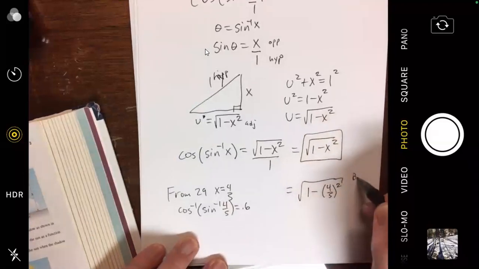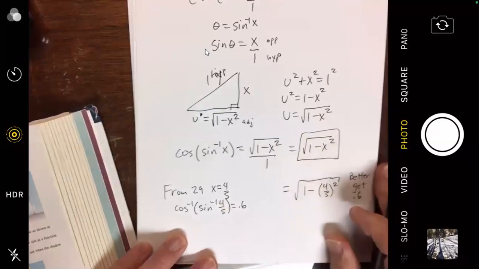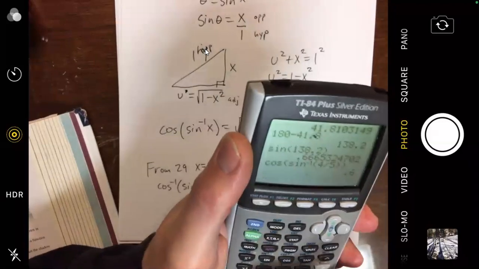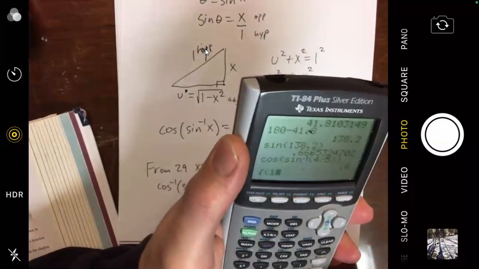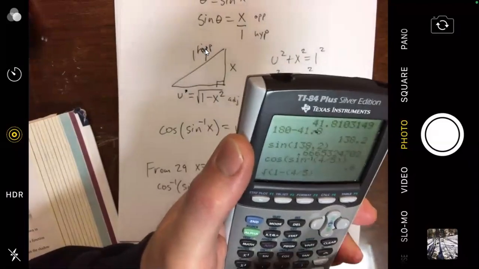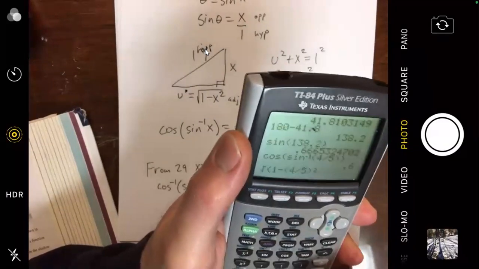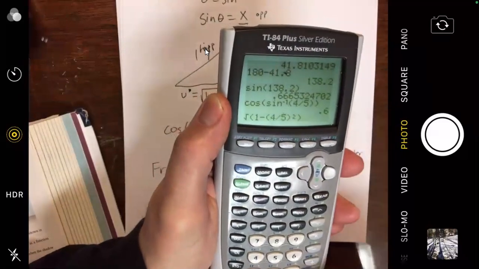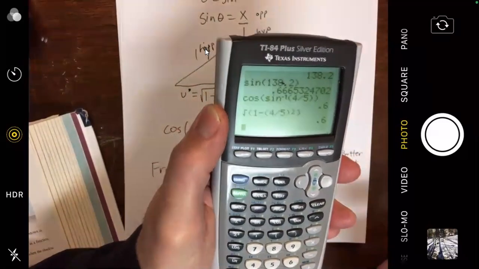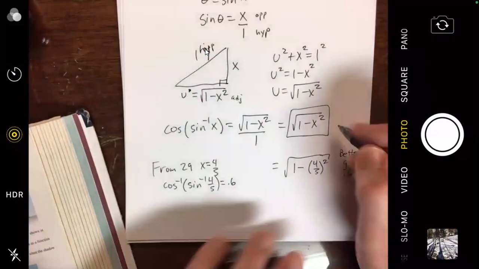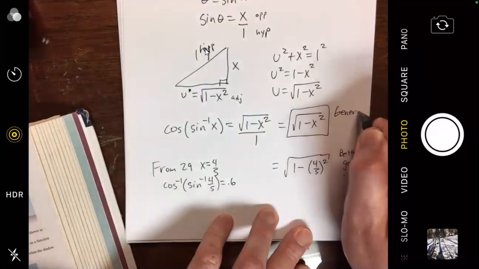I better get 0.6, or I'm preaching lies and I should just go quit. Let's see, drum roll, bingo. So here's a general formula for it.